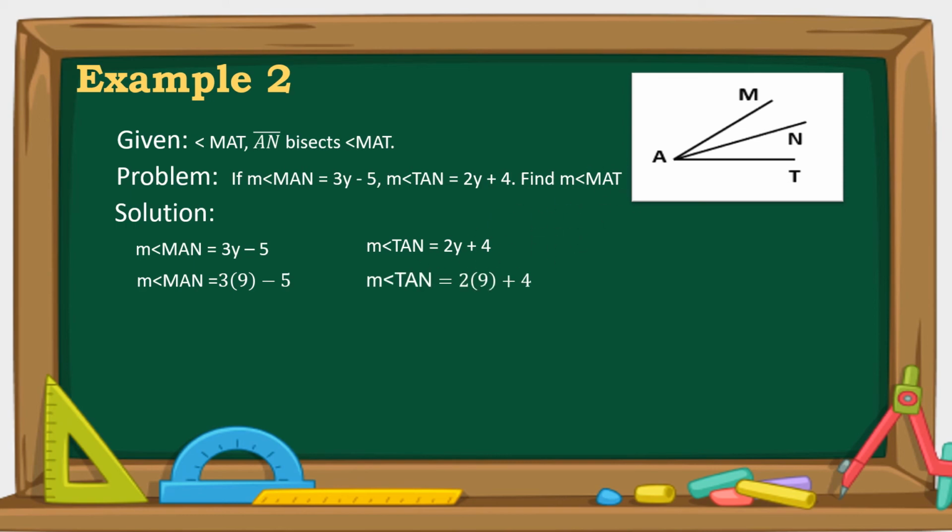On the other hand, we have 2 times 9 plus 4. For the measure of angle MAN, this is equal to 22, because 3 times 9 is 27, minus 5 is 22. On the other hand, 2 times 9 is 18 plus 4, so we have 22. 22 equals 22. So these two angles are congruent in measure.